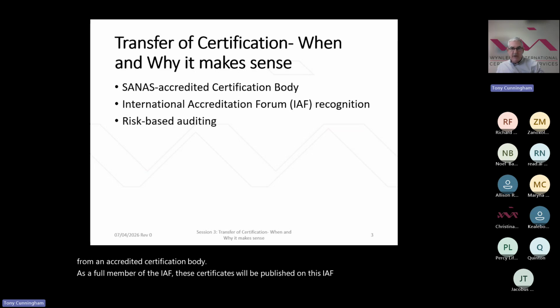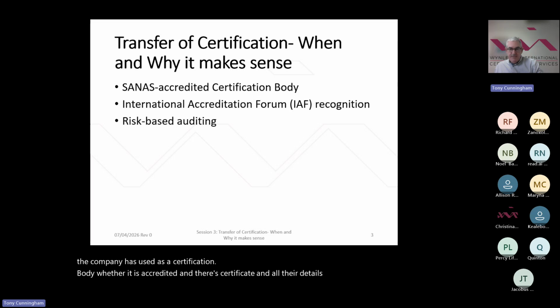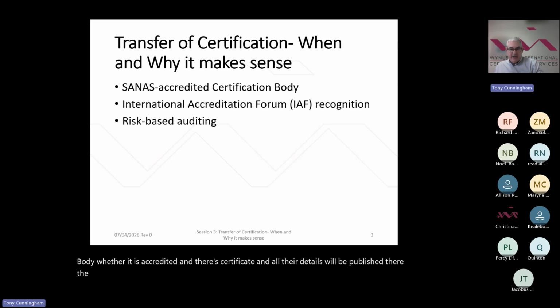And anyone anywhere in the world using the internet can then go onto that facility and identify who the company has used as a certification body, whether it is accredited, and their certificate and all their details will be published there. The second service that they offer, and these are very important for us, is the publishing of mandatory documents.